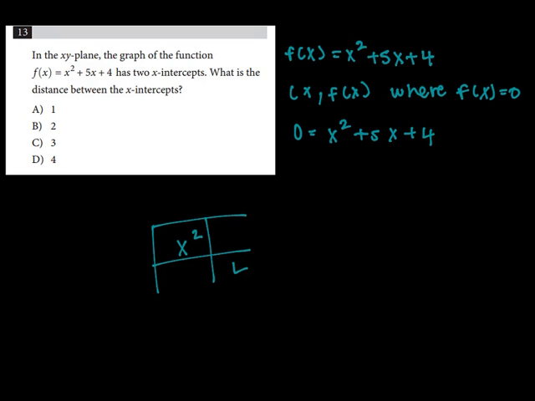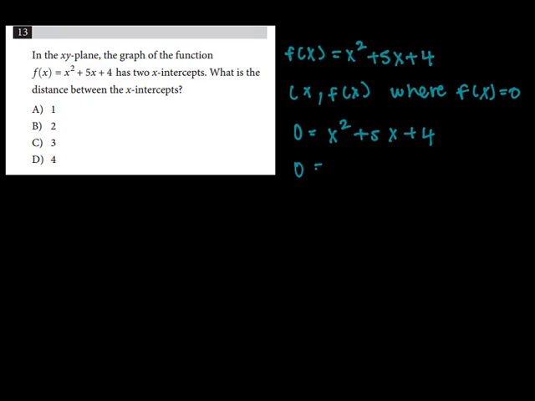So we have x², 4, so x, and since we have 5 here, it would simply be x plus 4, x plus 1, giving 4x and x. Really simple factoring.